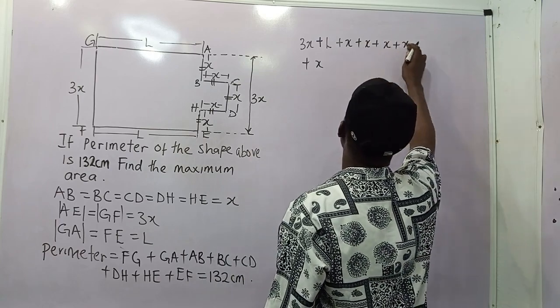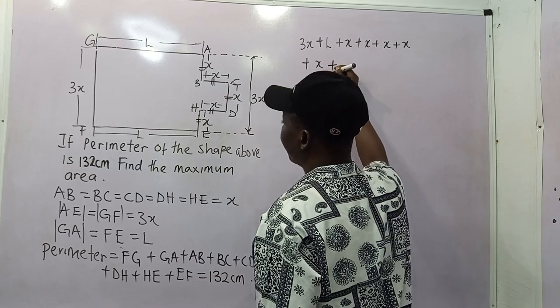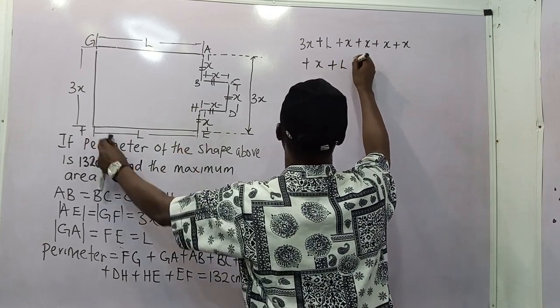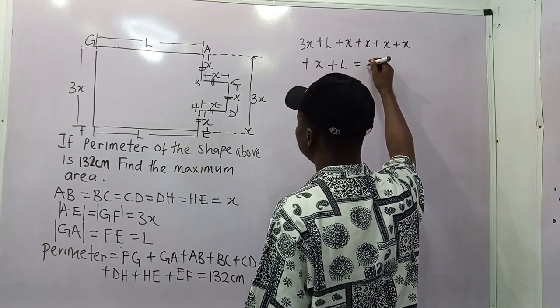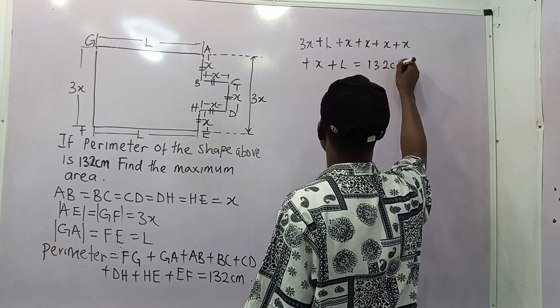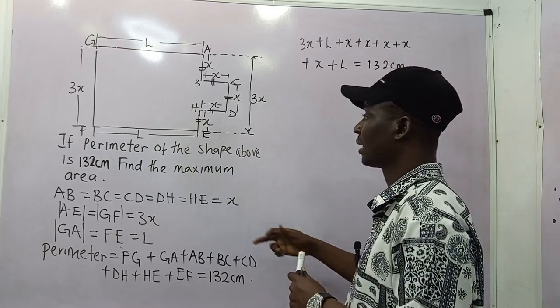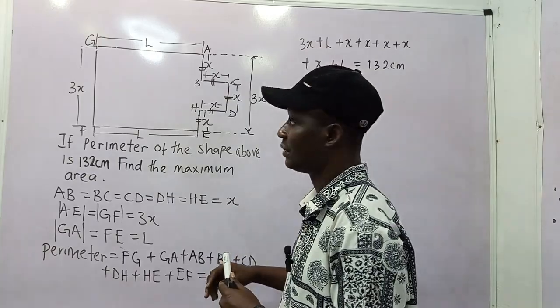So that is 1, 2, 3, 4, 5, correct? Plus L, which is the final one, which should equal 132 cm. I think we are on the right track, so we don't have any problem with it.